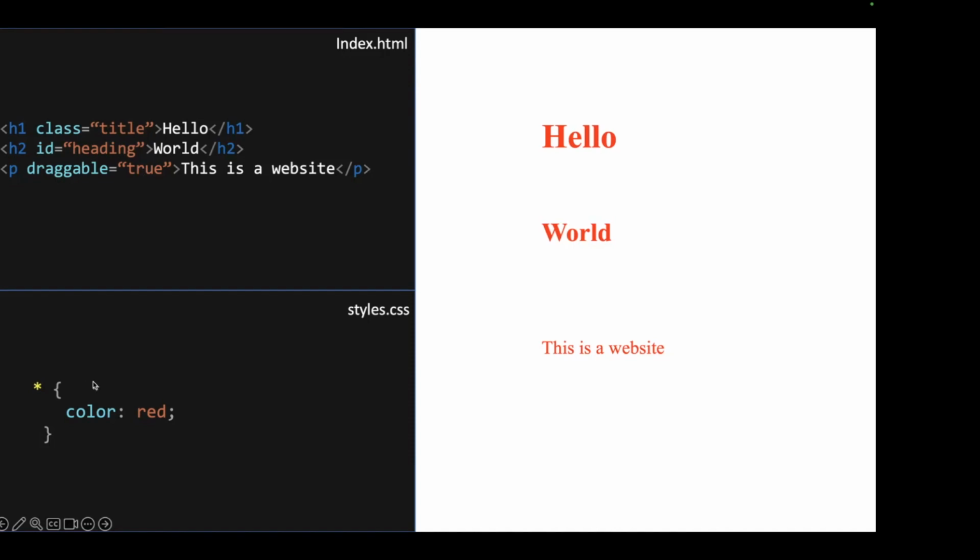So maybe before, you already defined class title to be blue color. Maybe heading, you define it to be brown color, and this one to be blue or whatever. But the moment you use this star, it overrides all of this: all of these CSS classes, IDs, and attributes. Does that make sense?